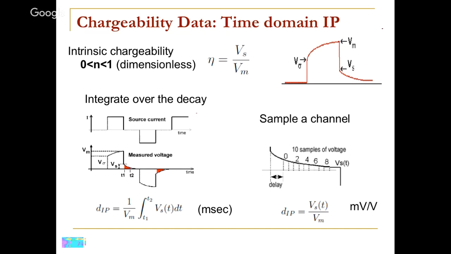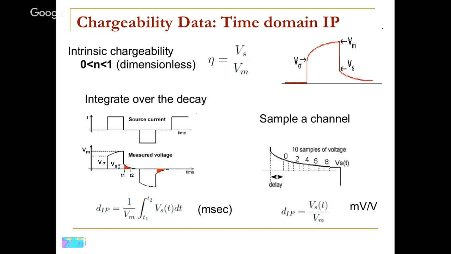So the definition of intrinsic chargeability is given by this quantity here, V sub S over V sub M. And that's going to take on values between 0 and 1, right? Because this has to be something below here. And so the maximum it could be is about 1, and the minimum it could be is close to 0.